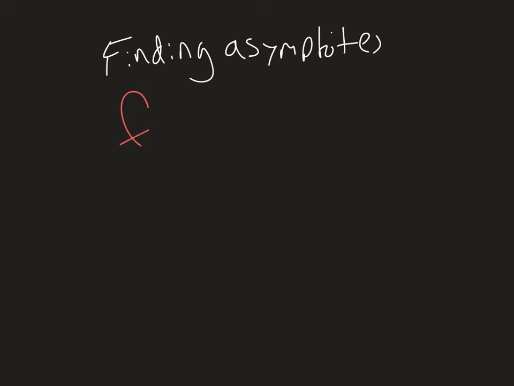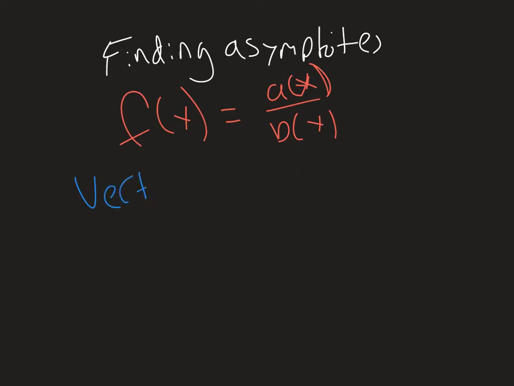So when we're looking at a rational equation, if we're looking for vertical asymptotes, that one's actually not too bad. They will happen whenever my b of x is equal to 0. So I will set it equal to 0, and then I will solve. And we'll do an example here in a bit to show how this is useful and how it's helpful for making the graphs.